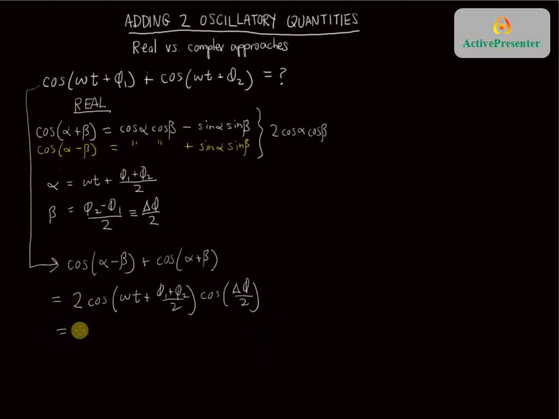And we sometimes even write that physically as twice the cosine of omega t plus the average phase shift times the cosine of half of the difference in the phase. So there's our answer right here.